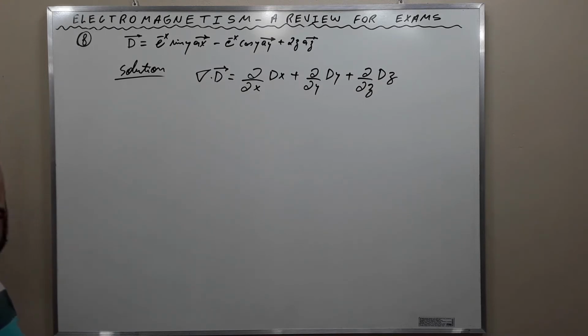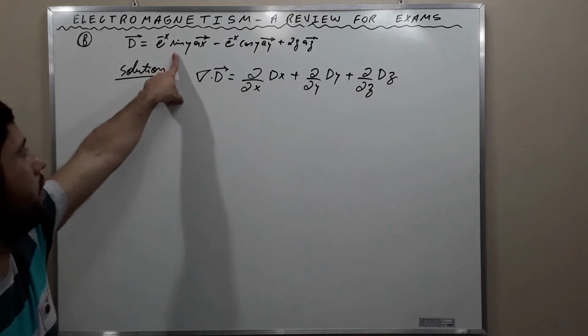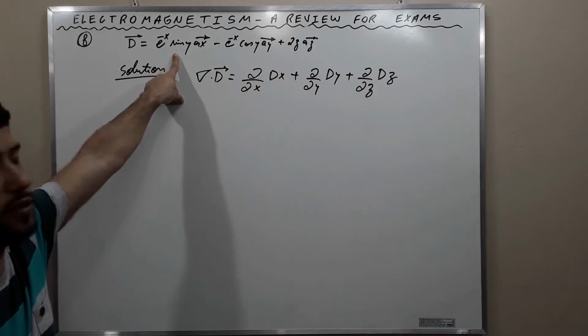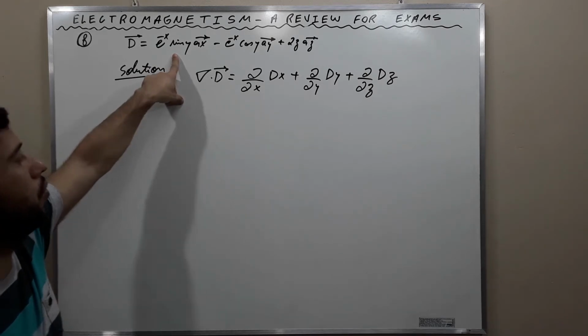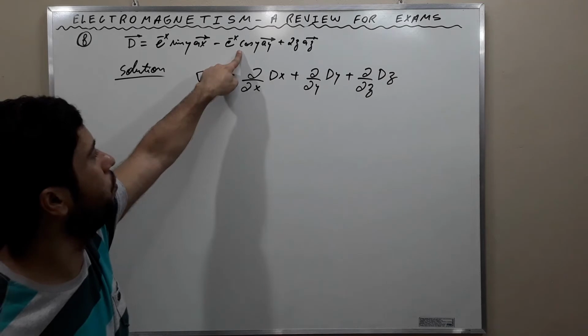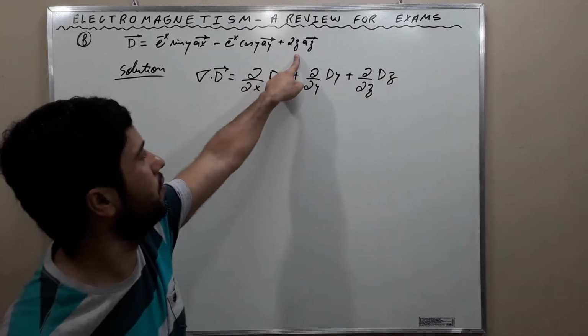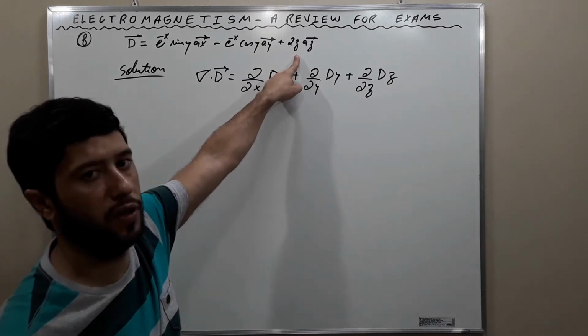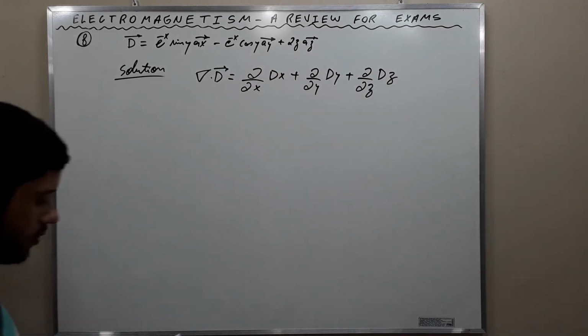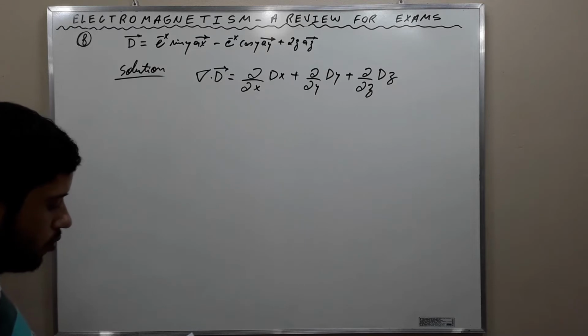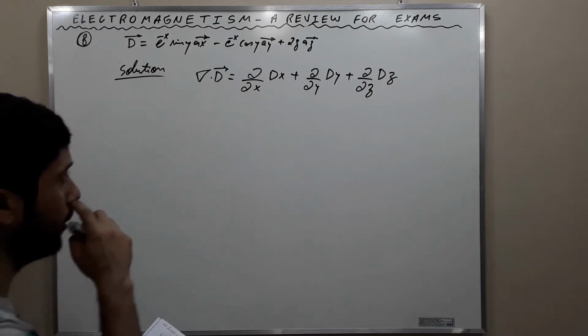Who is dx? This is dx in the x direction. Who is dy? This is dy in the y direction, and this is dz in the z direction. And we simply calculate this.